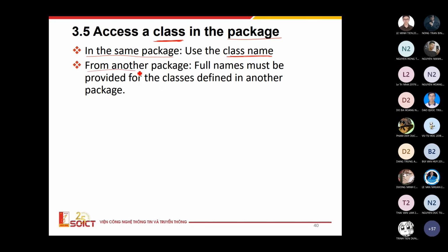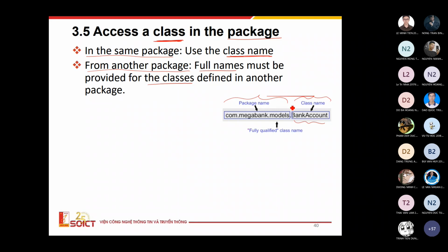But from another package, you have to provide the full name of the class. Okay. If you declare a class in a package name, so the full name of this class will be the combination between the package name and the class name, and you use the dot operator here. Yeah, this is the full class name.